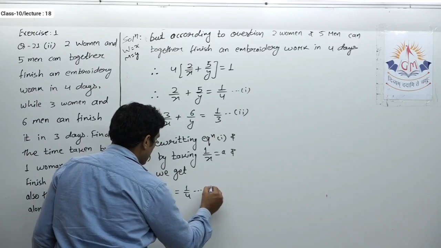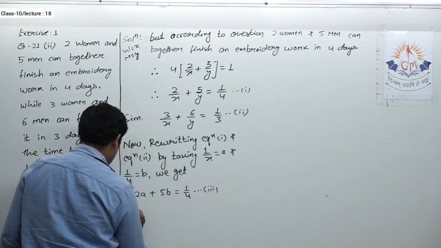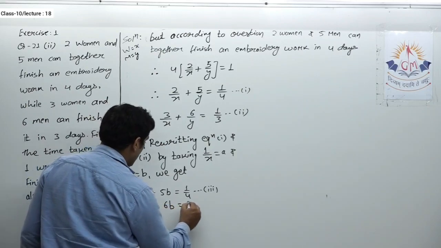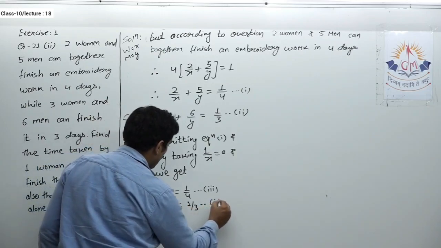Let it be equation number 3, and 3A plus 6B is equal to 1 upon 3. Let it be equation number 4.